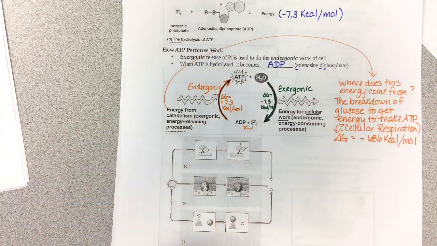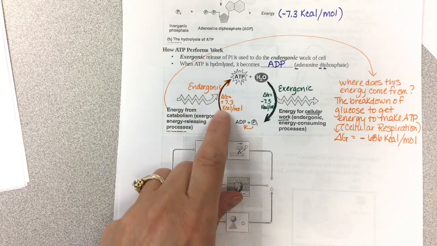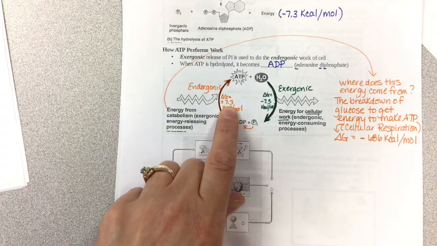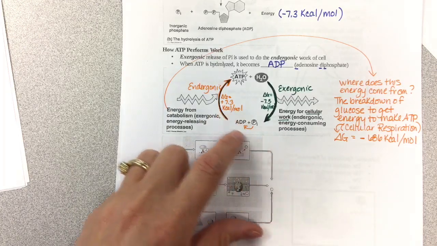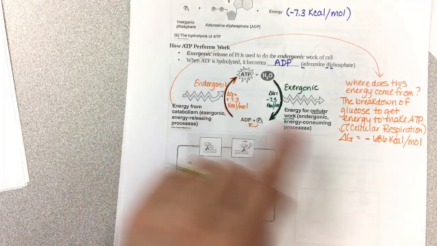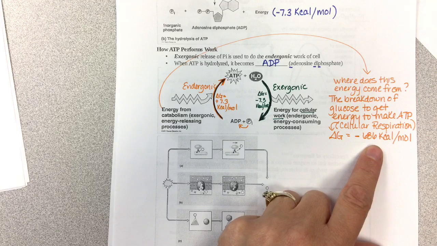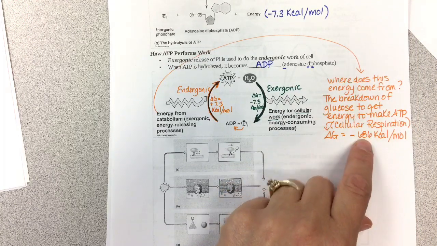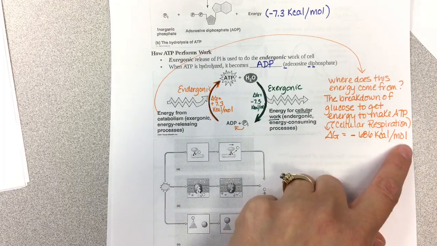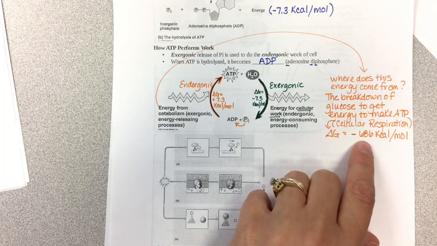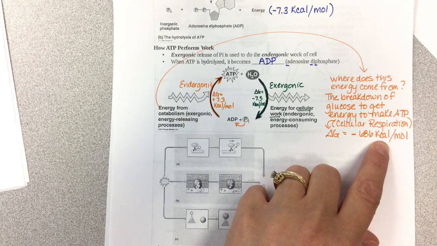So when I say that, where does the energy come from that we need to make every ATP, 7.3 kilocalories per mole? Where that energy comes from is when we break down glucose in this process called cellular respiration. And you can see that every glucose, that per mole, we get negative 686 kilocalories per mole.